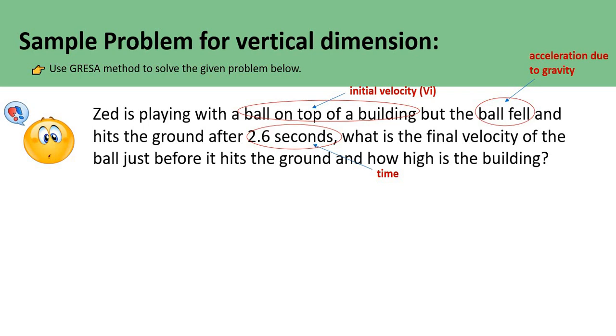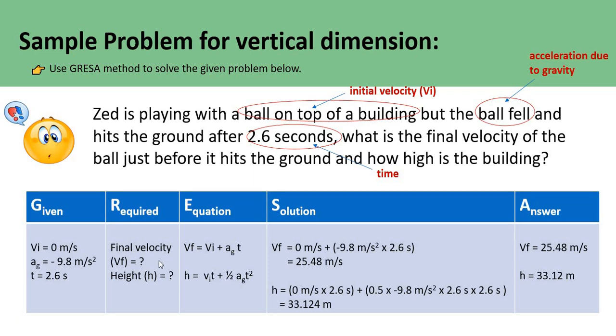The required, or what is being asked, are final velocity, or Vf, and height, or h. For the equation, final velocity, Vf, is equal to initial velocity, Vi, plus acceleration due to gravity, which is constant, times time, t.